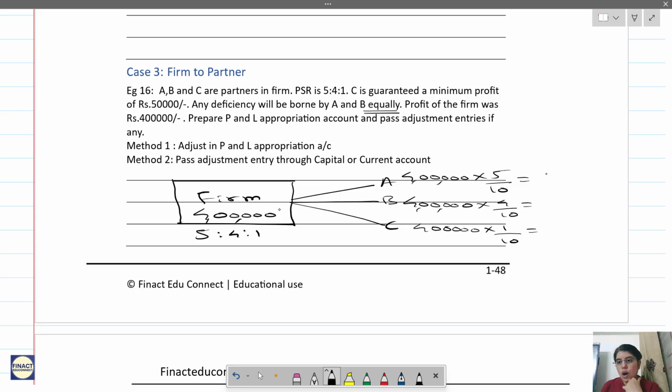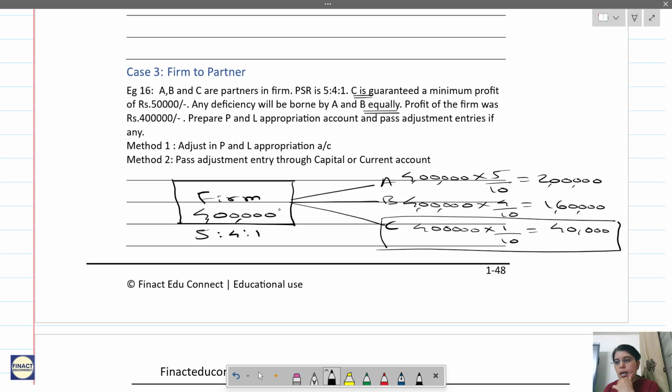Okay, so how much does this come to? 2 lakhs. This is 1,60,000 and this is 40,000. Okay, now who is given a guarantee? C is given a guarantee. So C is given a guarantee by the firm.